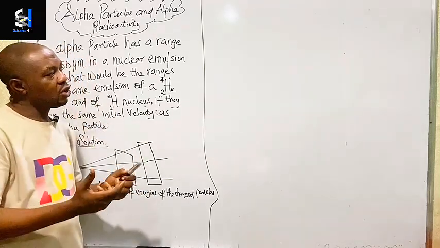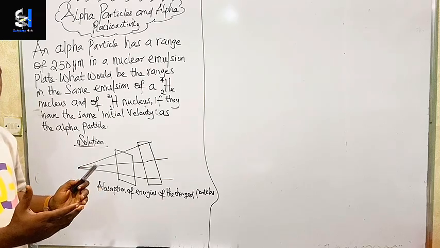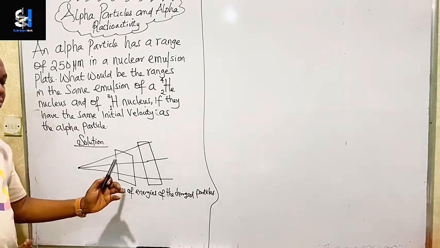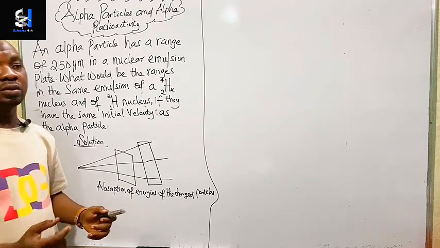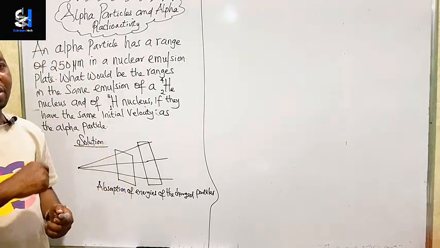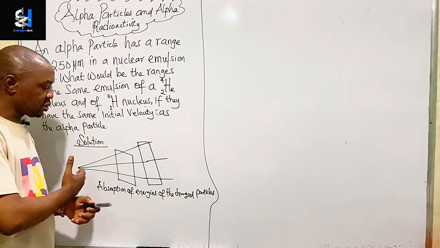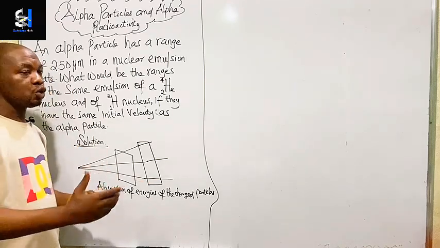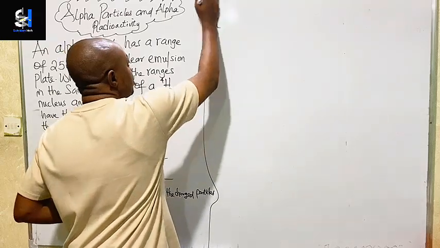The energy loss by the alpha radiation emanating from a point source depends on the charge of the alpha particle and also on the velocity at which it travels.